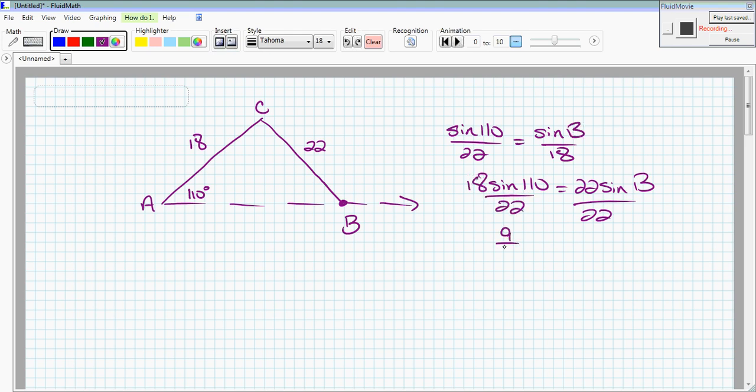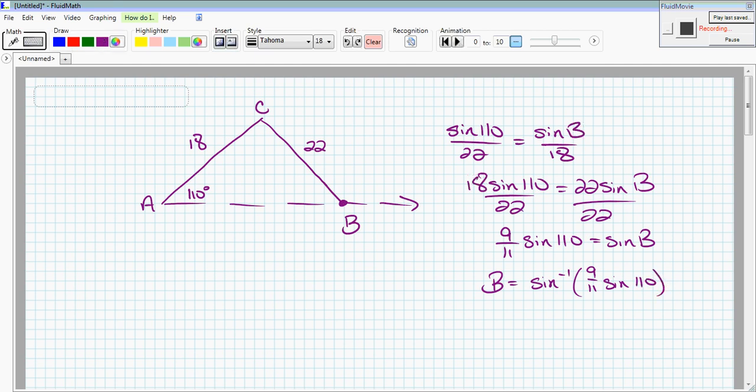Reduce this, don't have to. We have 9/11ths times the sine of 110 equals the sine of B. Therefore, B equals the inverse sine of 9/11ths times the sine of 110 degrees.